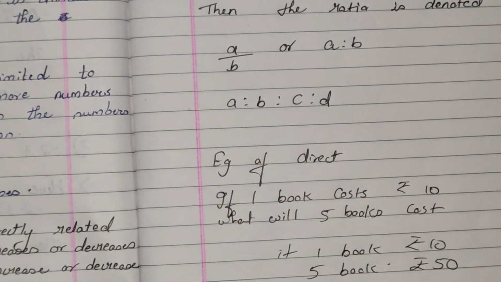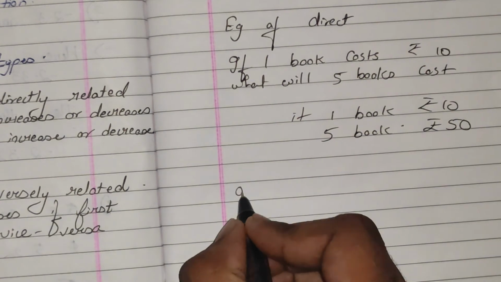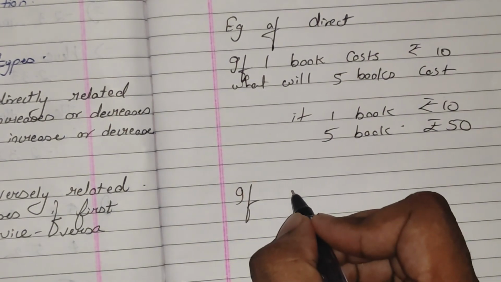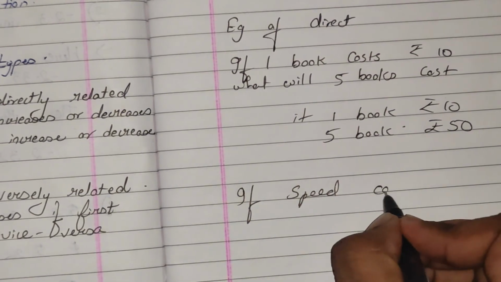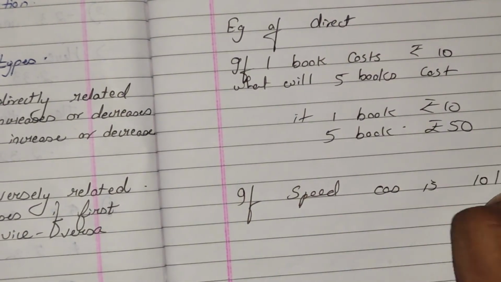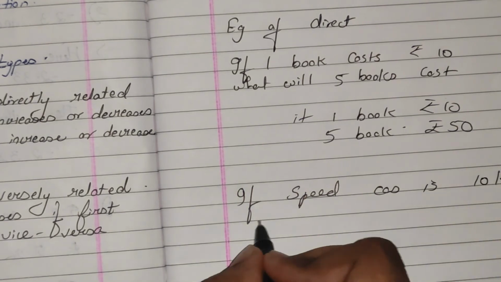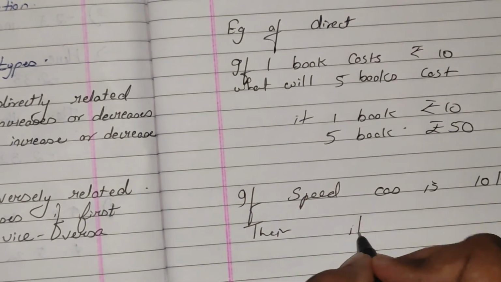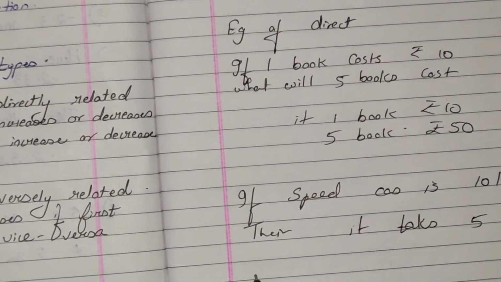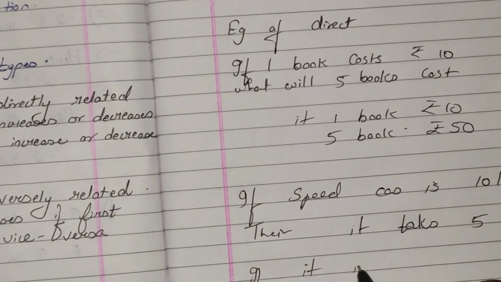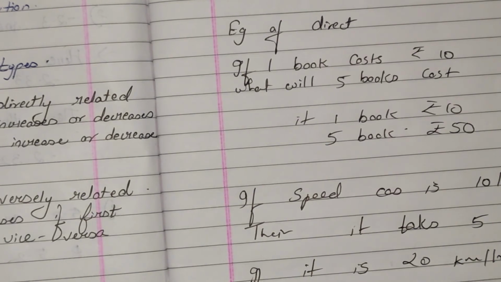But how do we find inverse proportion? Let's see. If the speed of a car is 10 kilometers per hour, then it takes 5 hours to reach the destination. If it is 20 kilometers per hour, when will it reach?